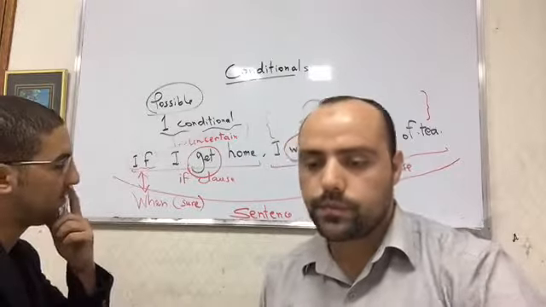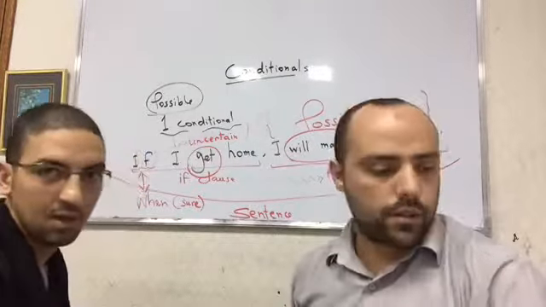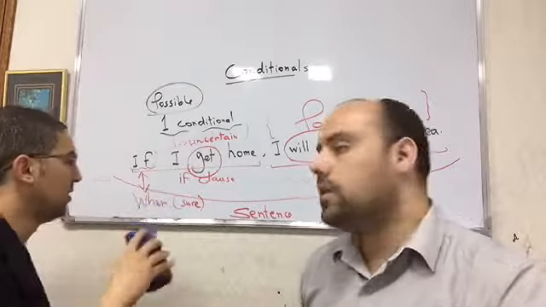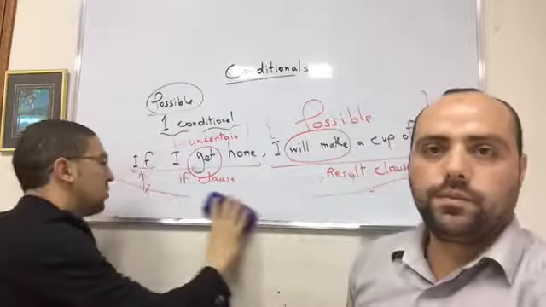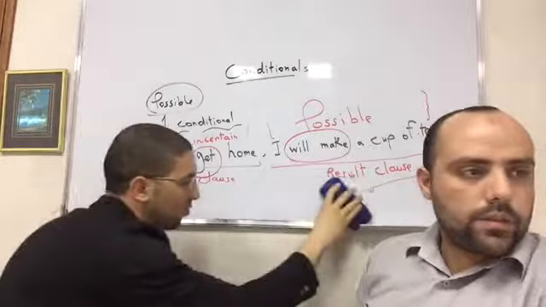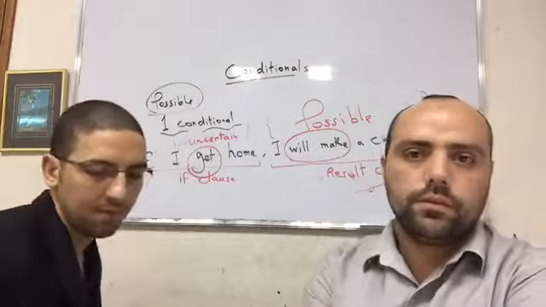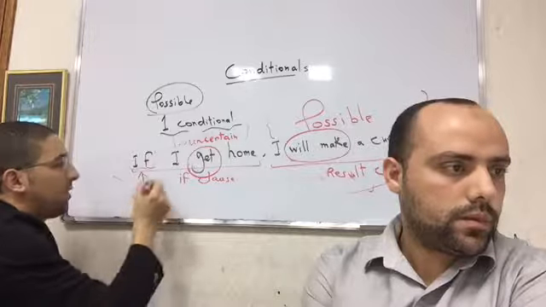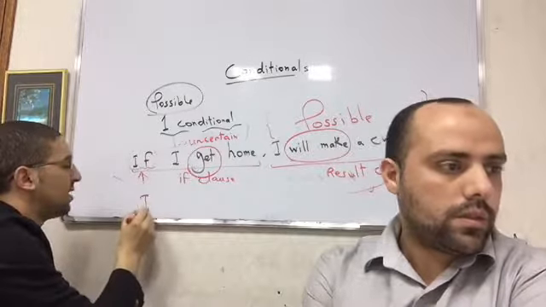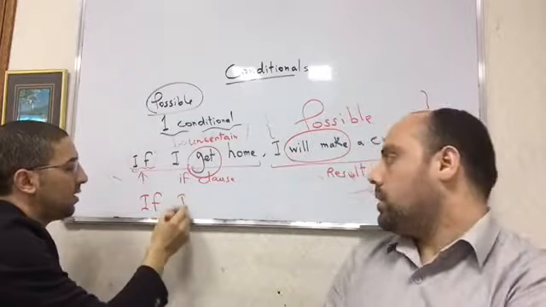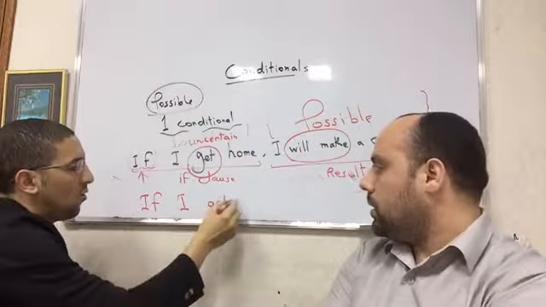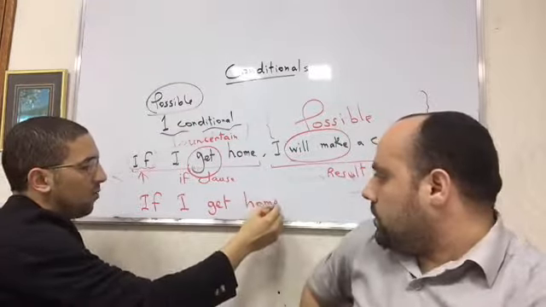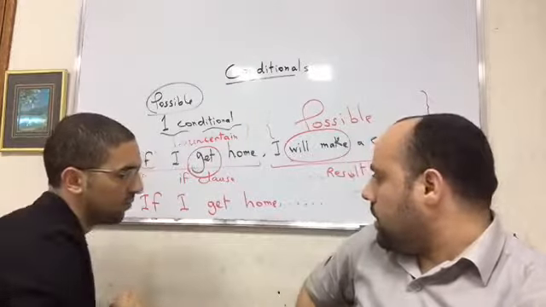We can start with, for example, this here. As we said, we can start our if clause with if or when. So we can start a sentence with if I get home. Can you give us a sentence beginning with if I get home? What will you do?